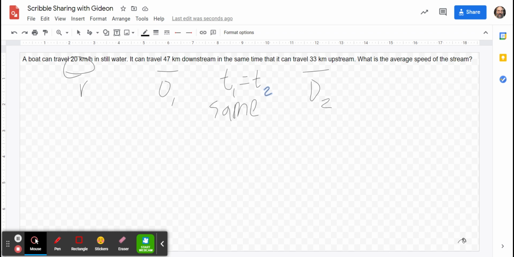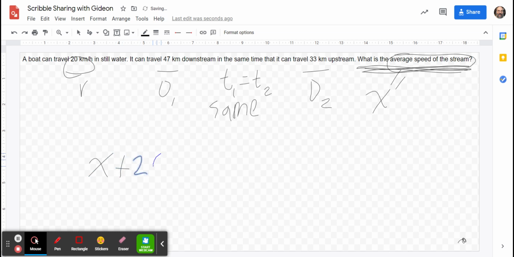In this problem, they ask a very direct question, so it's best to just let x equal the average speed of the stream. So now think about it. When you're going downstream, the speed of the stream is added to the speed of your engine.